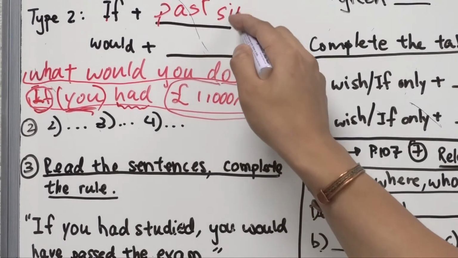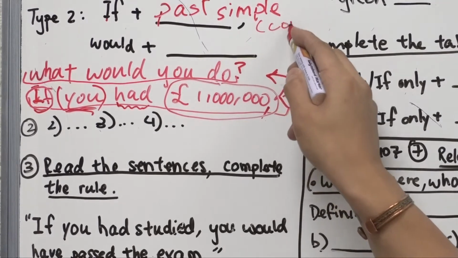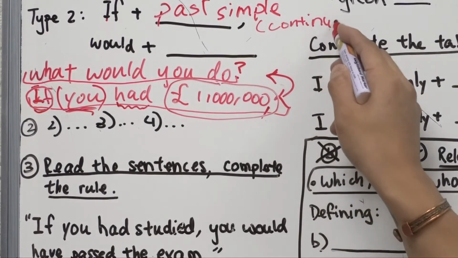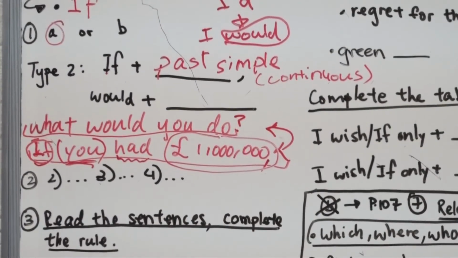Past simple tense. But we can also have continuous in this case. Okay? So if plus the past simple, sometimes we can use past continuous too. Alright? And then, write that down please. Past continuous, past simple, and then put brackets continuous, because you can also use past continuous too. I will show you how later.